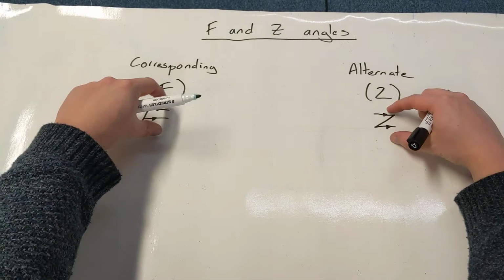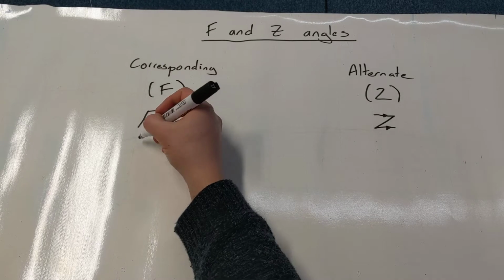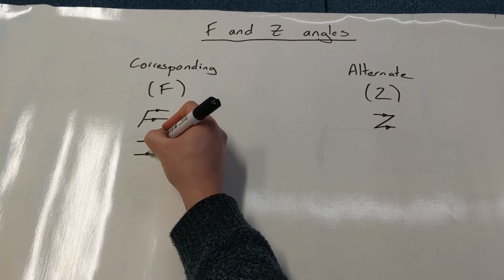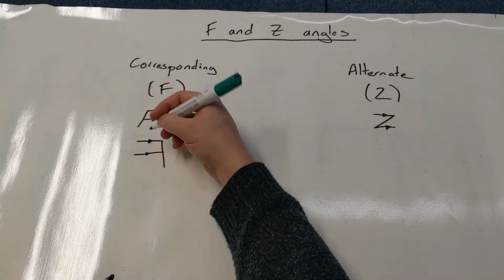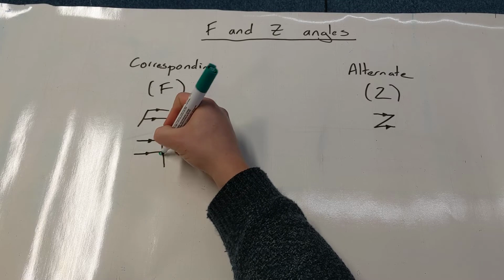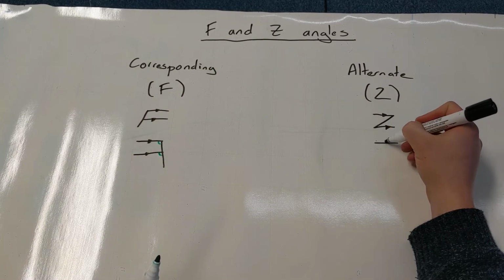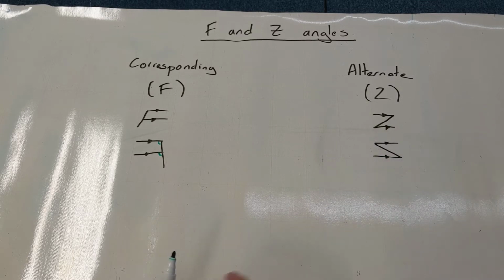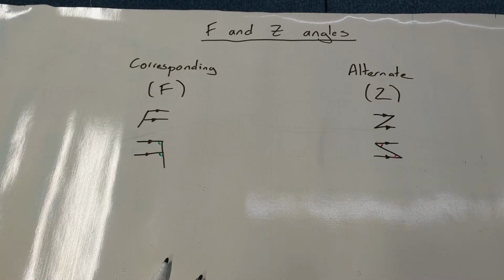Note that these have to be parallel lines, but we could have something that was flipped round in other directions. Okay, this would still count as an F angle, and these ones would be the same inside the F. If we had it going the other way for the Z, this would still count as a Z angle, and these ones inside would be the same.